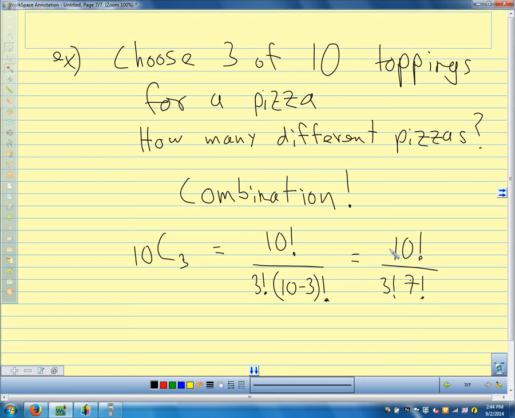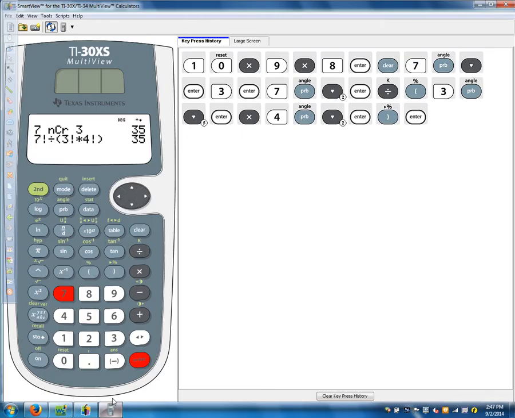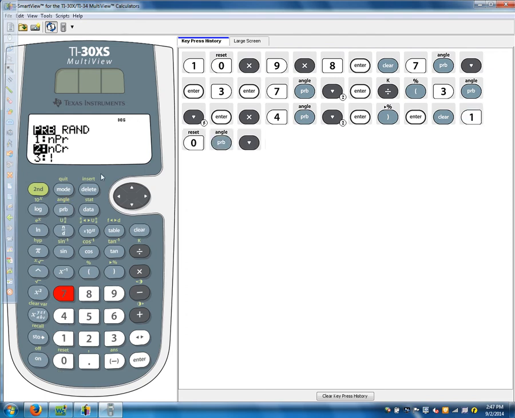Plug that in my calculator. So I'm going to do 10, go to probability, go to combination, picking 3, hit enter, and I get 120. So I have 120 different ways that I can make a pizza by picking 3 toppings out of 10.